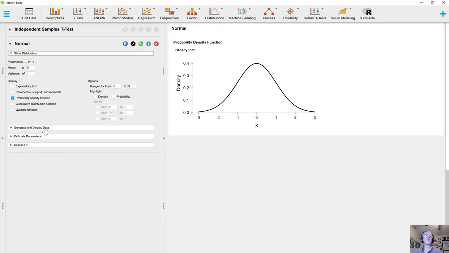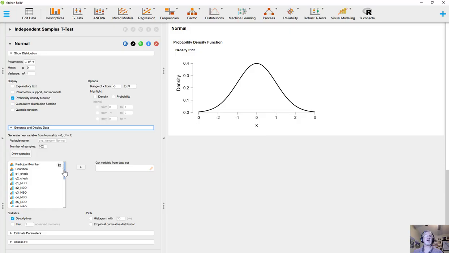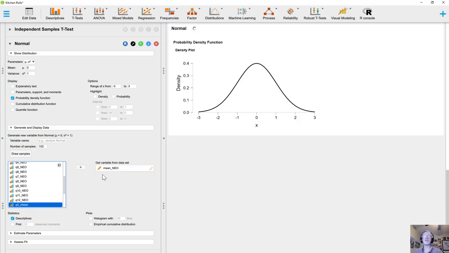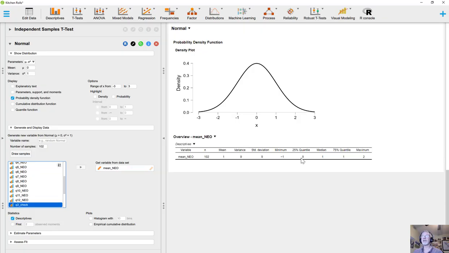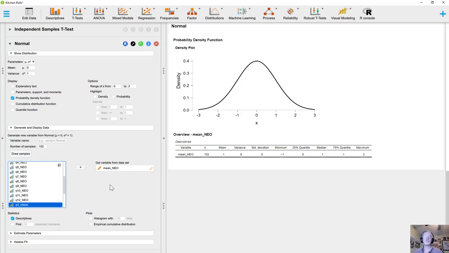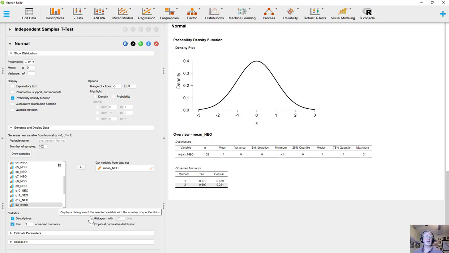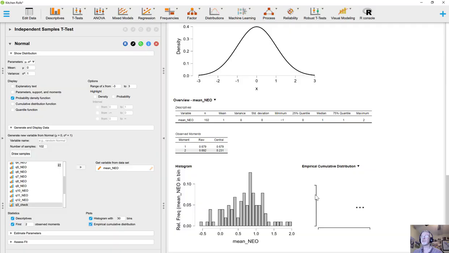Now, what we want to do is look at this with respect to our data. And our data is using the mean of the openness score from the NEO. So we're going to put that mean over here. We're going to go ahead and click and ask for the first 2 moments, and a histogram and an empirical cumulative distribution.